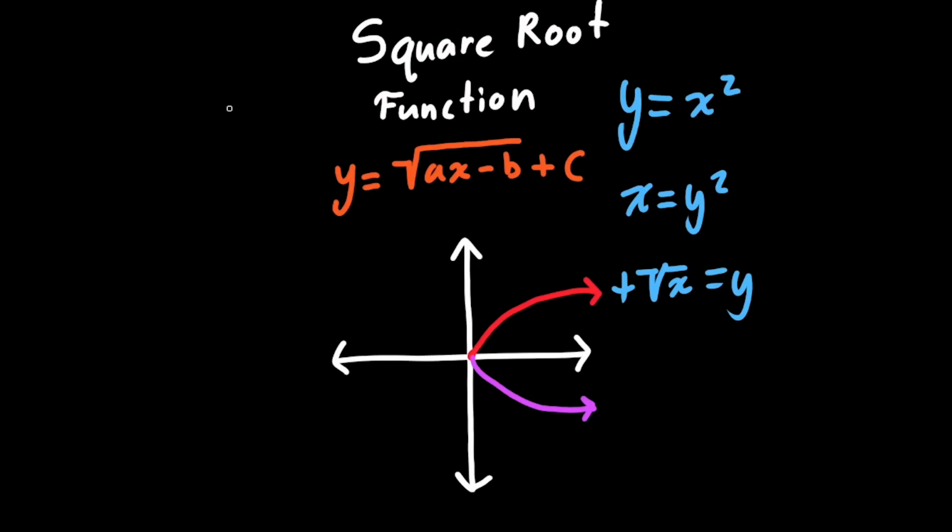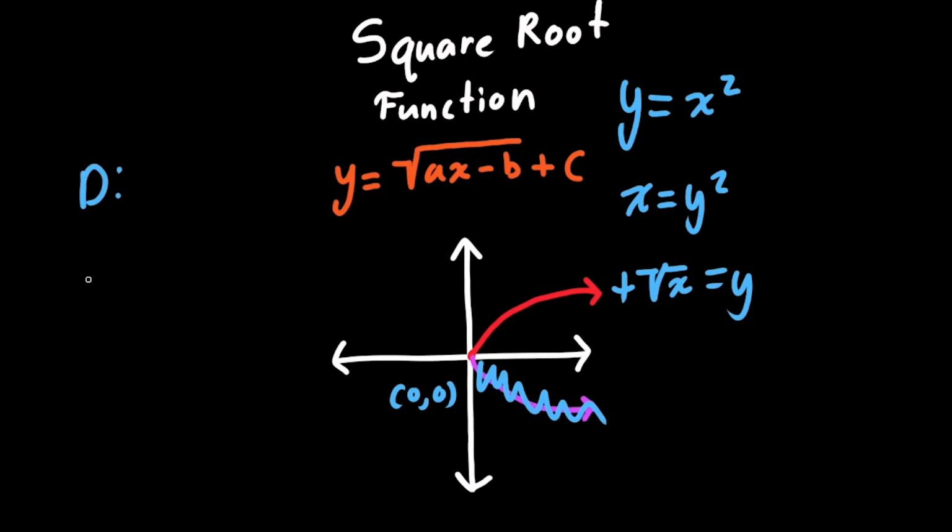Now, if we ignore this pink part right here, the function does not extend infinitely in any direction. It has a hard stop, in this case, at the point 0, 0. So we have to account for that when looking at the domain and range of this function.